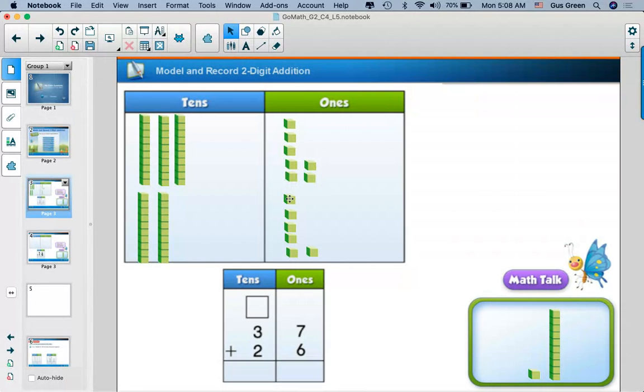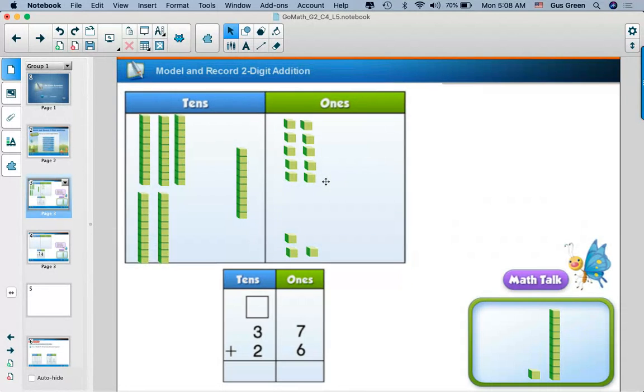If I take 3 ones from the 26 and move them up to join with the 7, now I have 10. And I can take those 10 and trade them in literally for a 10.